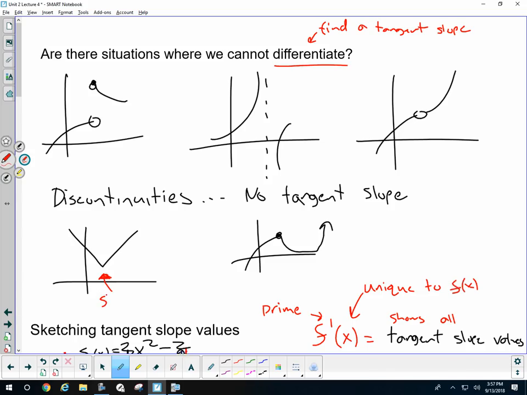We call this a sharp point or a cusp. Right here, sharp point. We can't draw a tangent slope there. At a sharp point, there's no tangent slope.